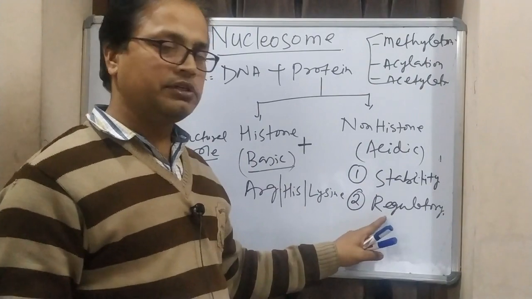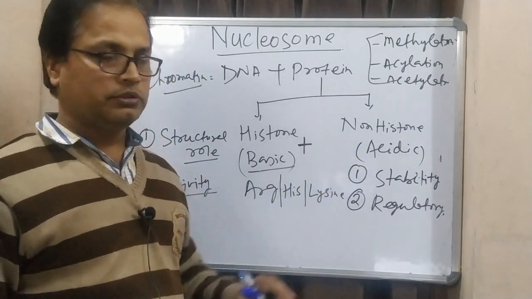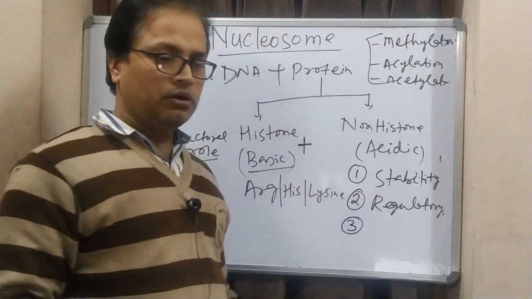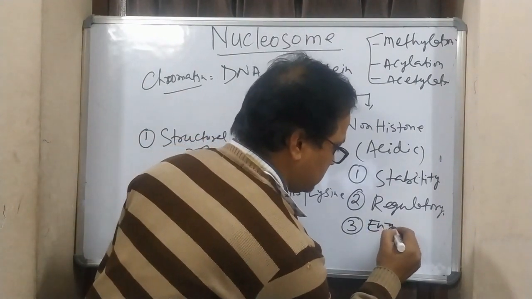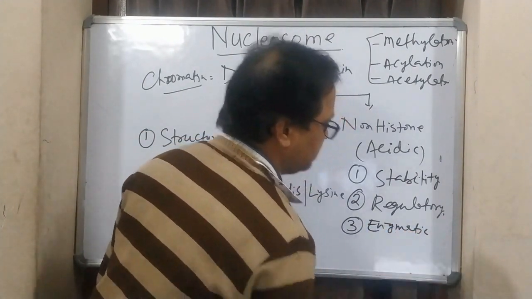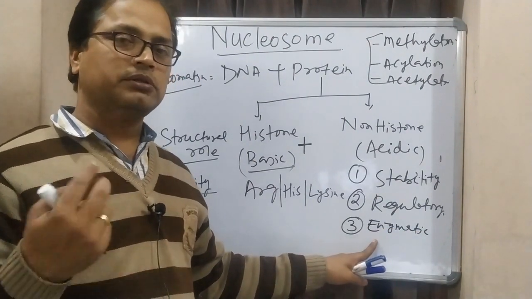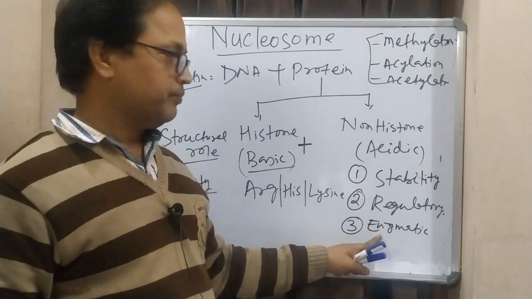So those regulatory processes will be done by non-histone proteins. And the third function is that they are also involved in enzymatic nature. Enzymatic, like DNA polymerase, RNA polymerase, gyrase, topoisomerase. So those are enzymatic activities.